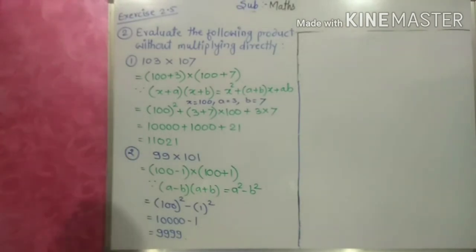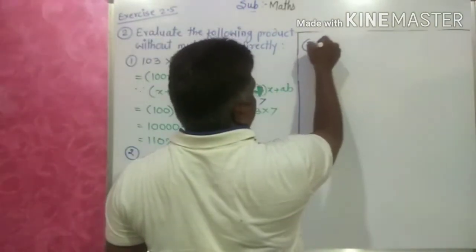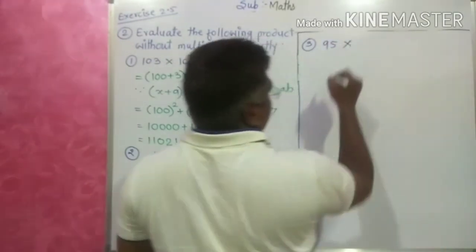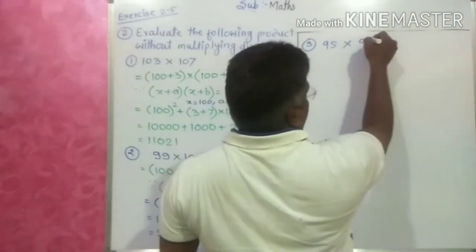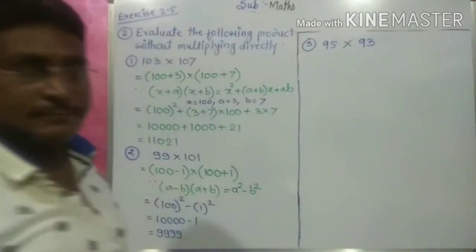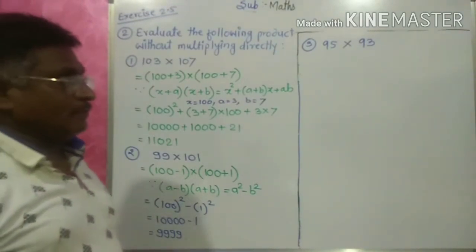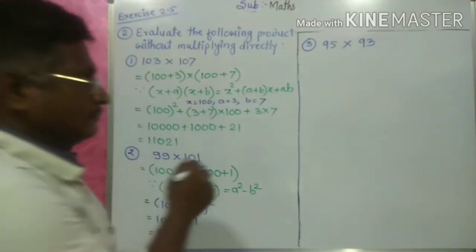Like this example. Okay, again 2 examples we will take. Third example: 95 into 93 without actual multiplication.